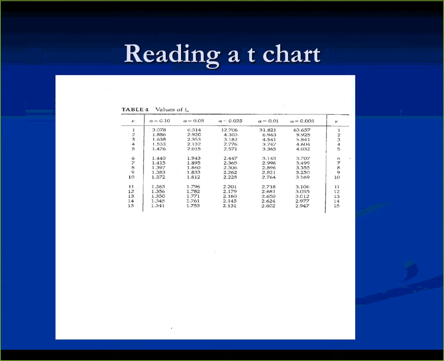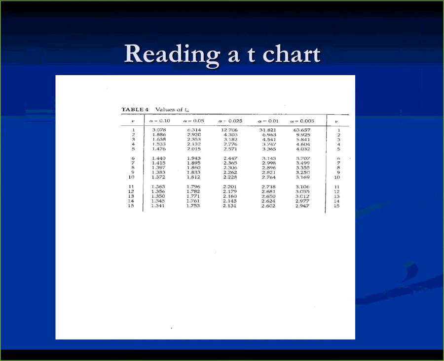But the degrees of freedom are something that you're going to have to put into play whenever you use a T-chart. So remember, you're going to use a T-chart when you have a small sample of 30 or fewer data points in your data set. The degrees of freedom of your sample is just n, the number of data points in your data set, minus 1.